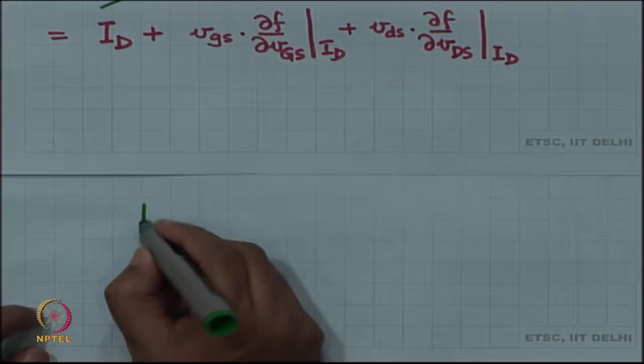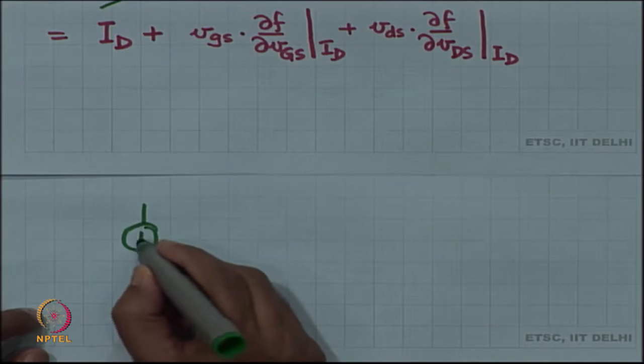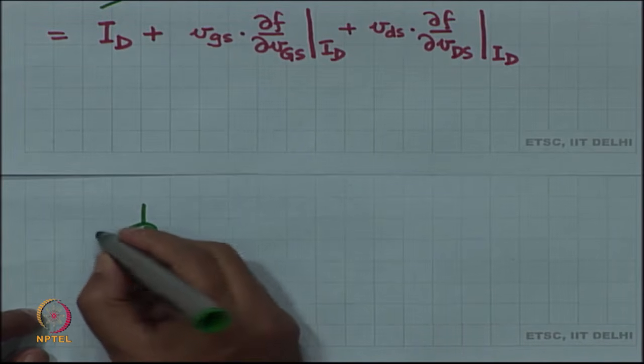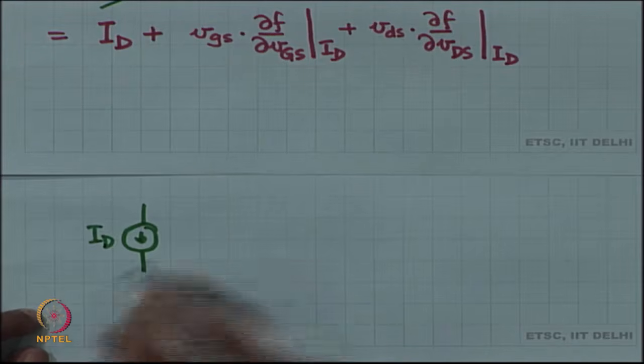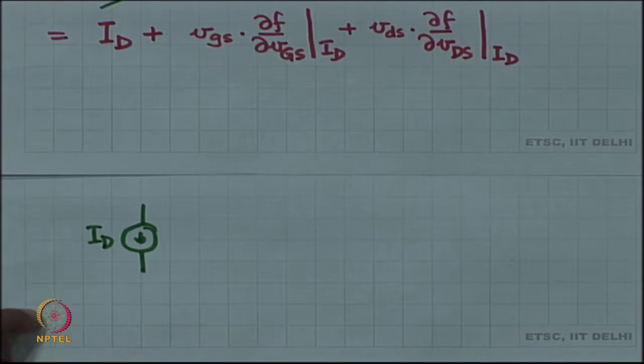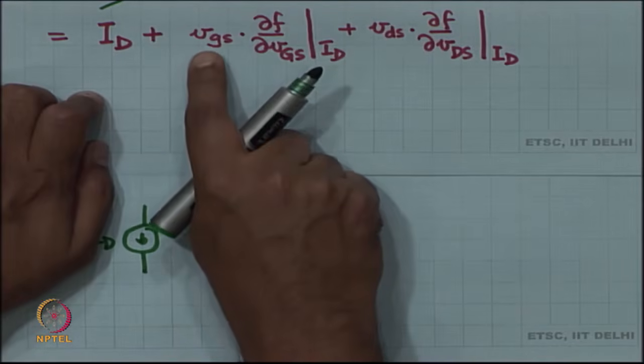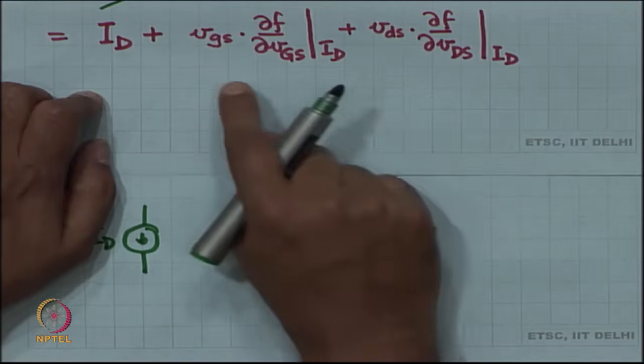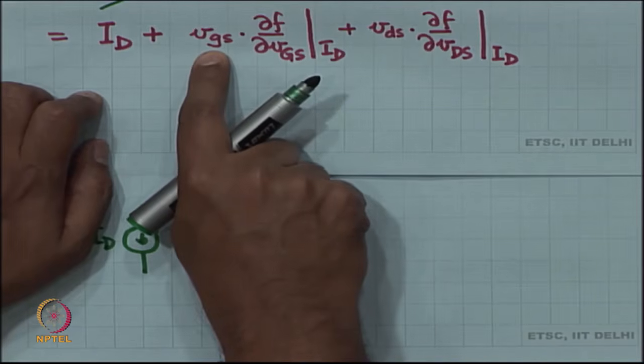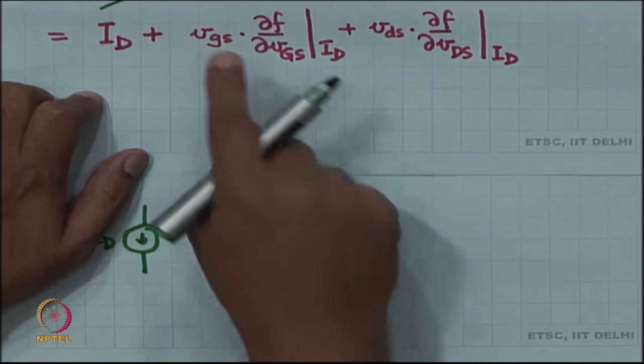So, ID, and then in addition to ID, I need some more current, which is a function of VGS.